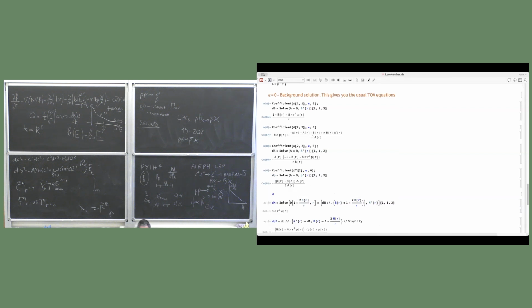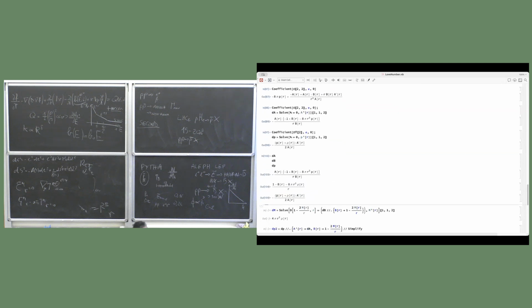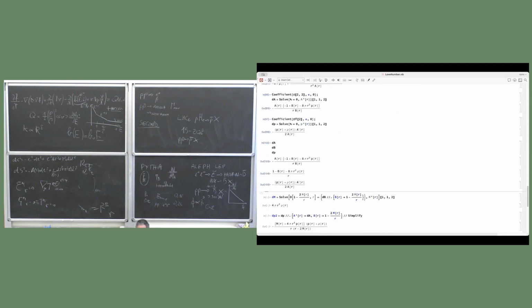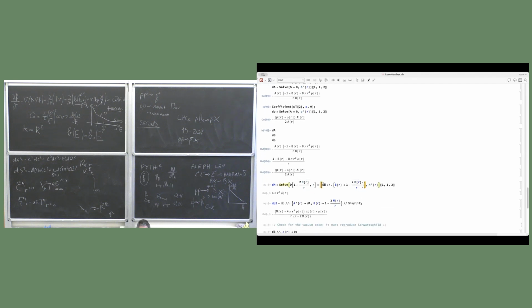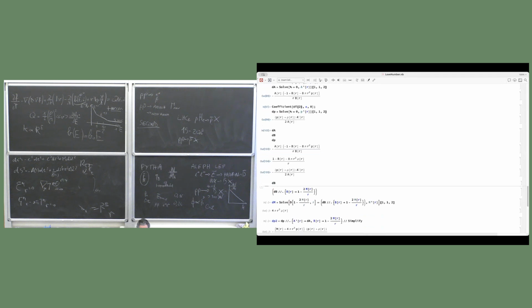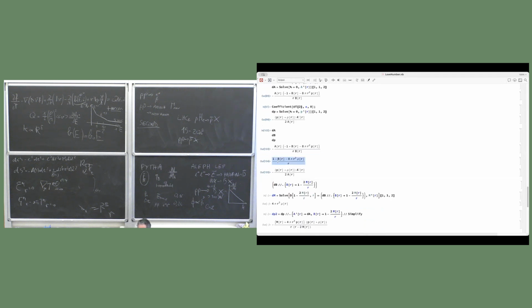So at this moment, we have this set of equations, A prime, B prime, and P prime, which are given by these things here. If you want to put all your equations in a more canonical form, you can take your equation for the g_rr component.